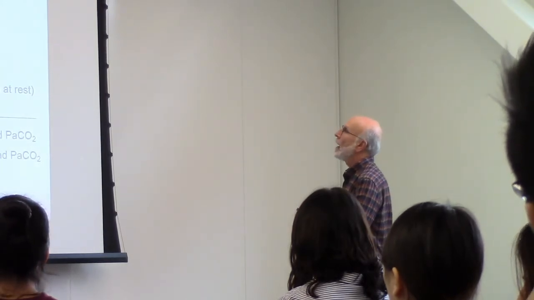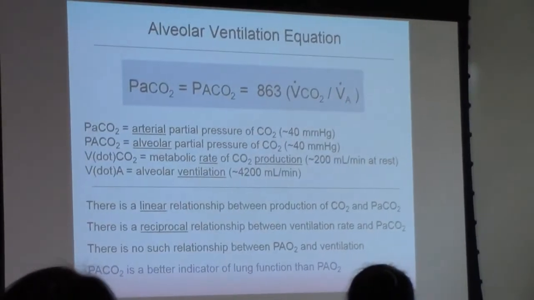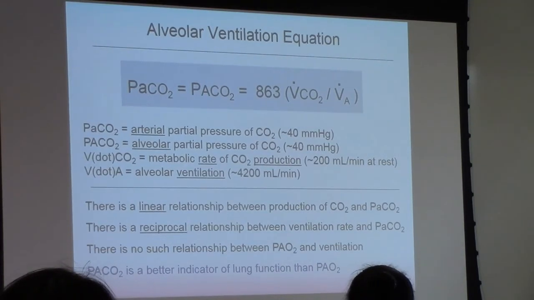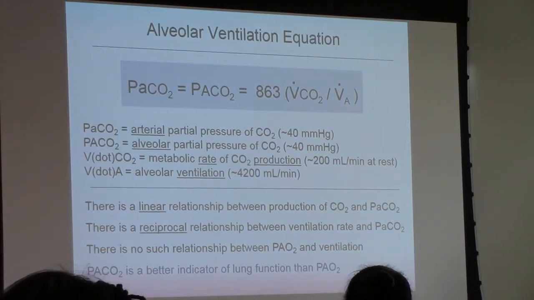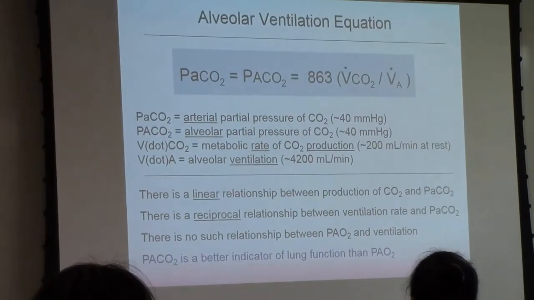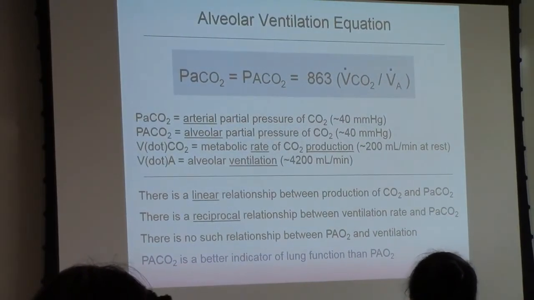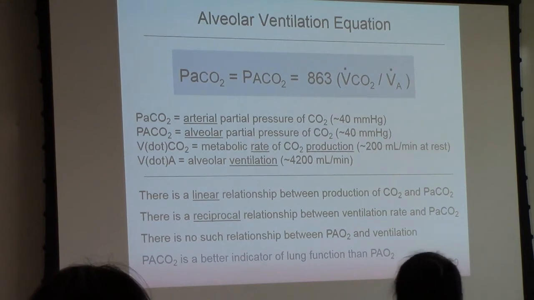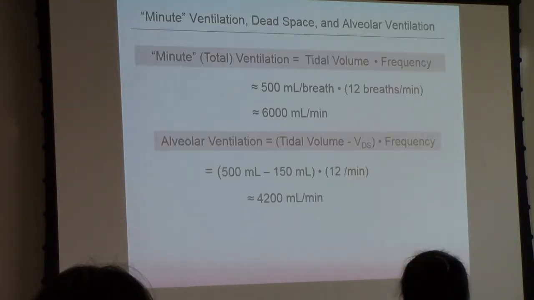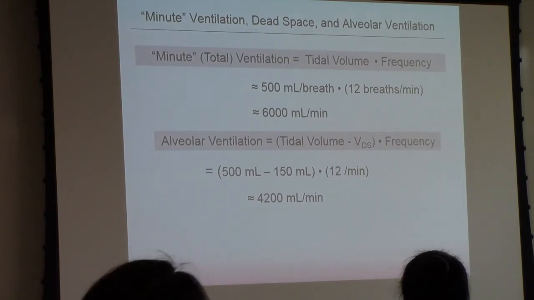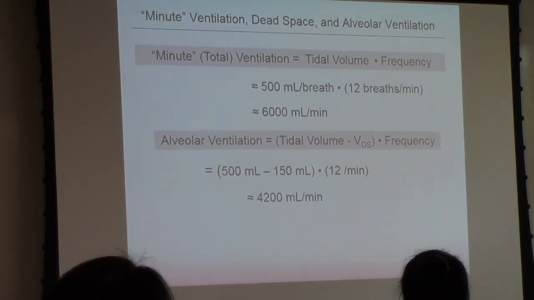V dot A. What does big A stand for? Alveolar. So what do you suppose V dot A is? Well, it says it right here. It's the rate of ventilation of the alveoli. And 4,200 milliliters per minute is a typical value. Remember, I'm going to scroll back through a bunch of slides. 4,200 was a typical value for alveolar ventilation.